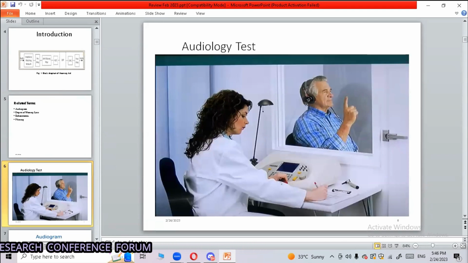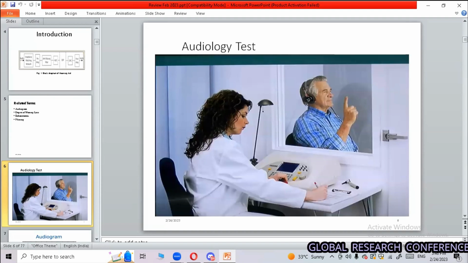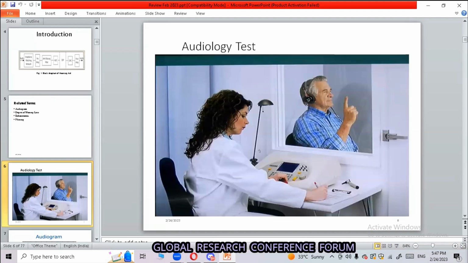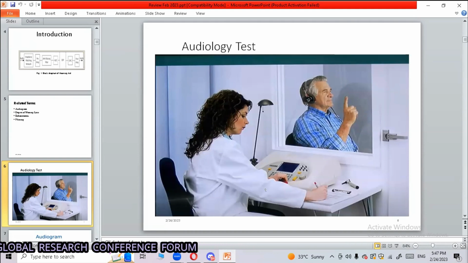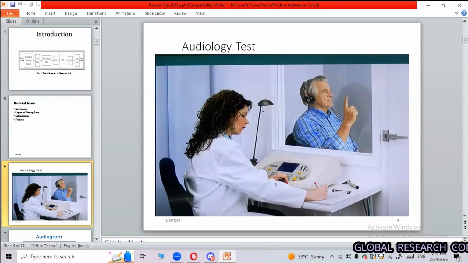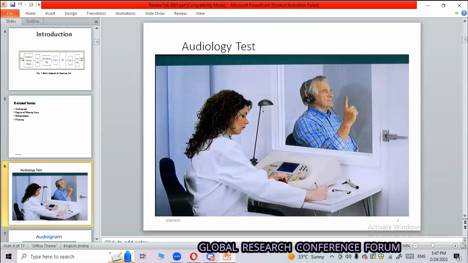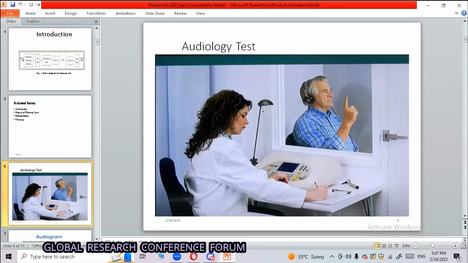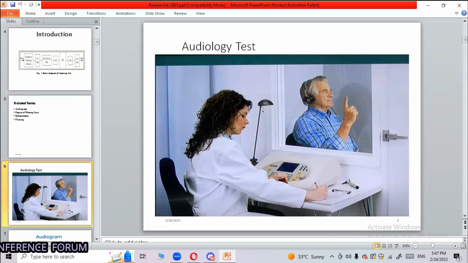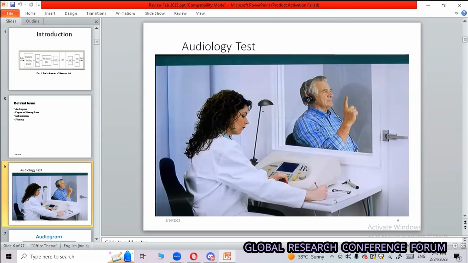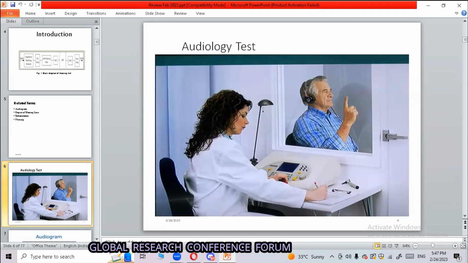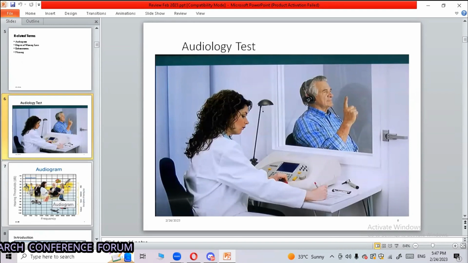So it is just like our spectacles. When we go to check the number of spectacles, like that, when we go to any audiologist, they play different types of sounds to our ear, and they ask us to raise the hand whenever we are not able to listen, and according to that they plot the graph which is called an audiogram, and the paper is related with that.